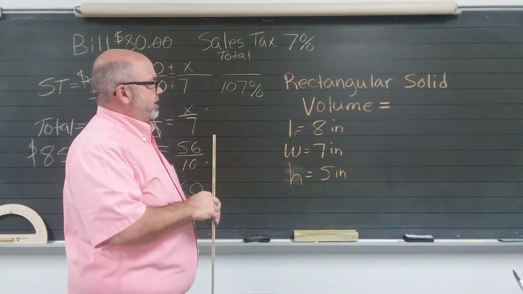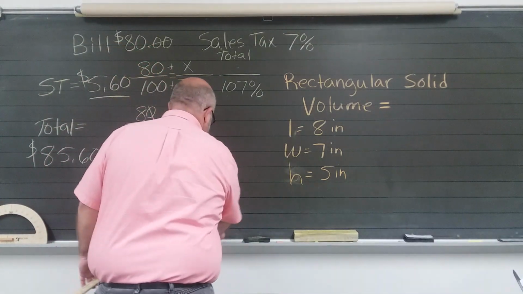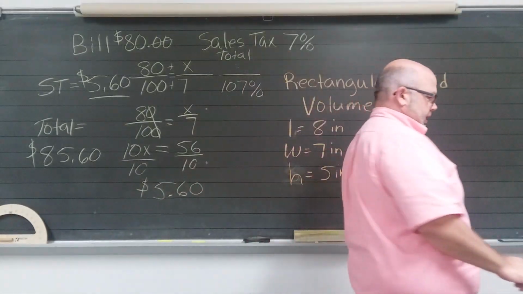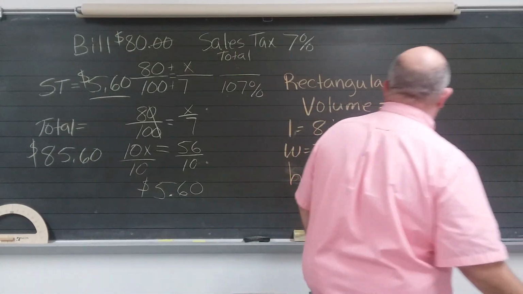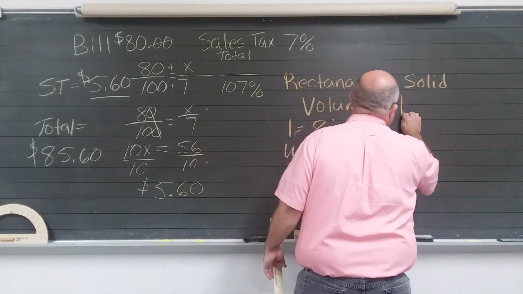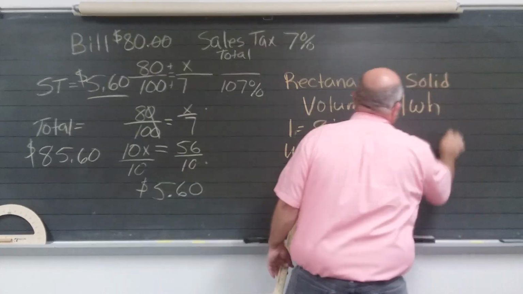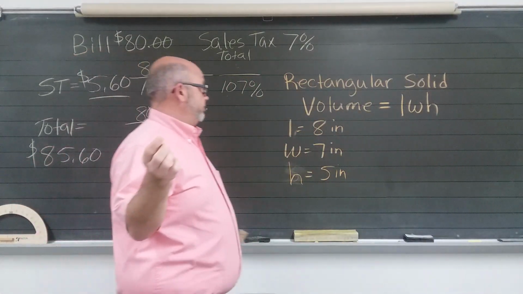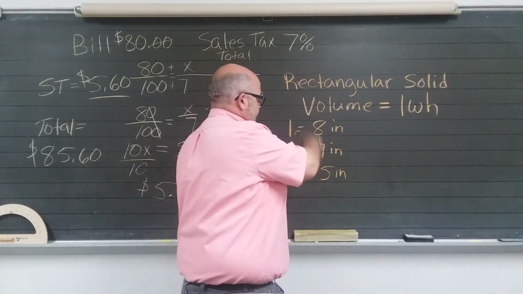The volume of a rectangular solid. What is the formula for the volume of a rectangular solid? Length, simply length, width, height. Length times width times height. All right? And you can do that in any order.